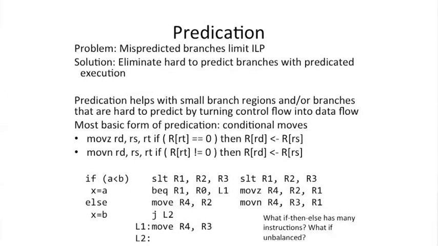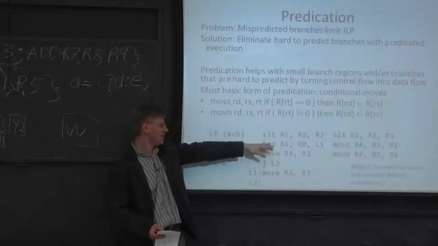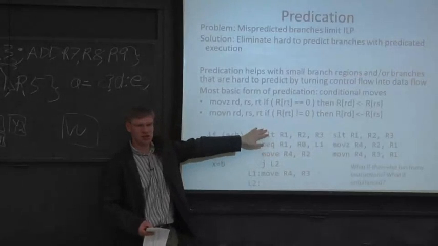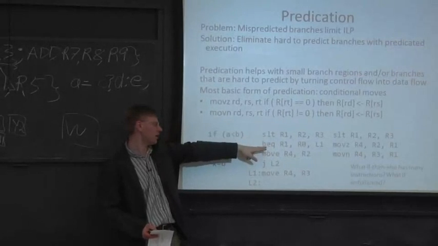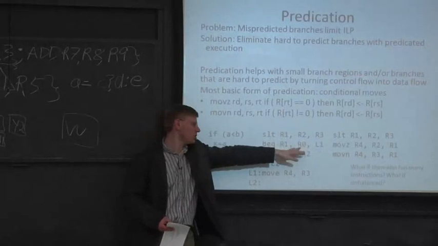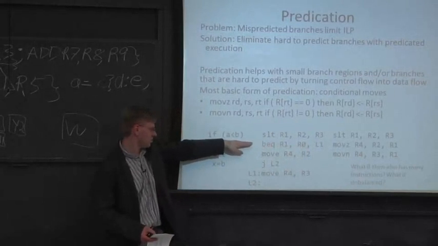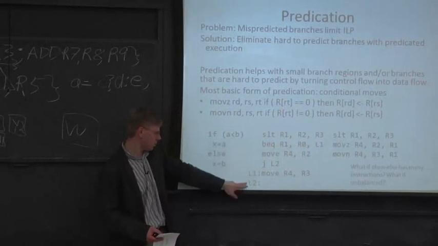Why is this cool? Well, this allows us to transform control flow into a data instruction. So we've taken a branch out. If we were doing this with branches, we'd do a set less than, which computes our condition code flag, then a branch equals, and if it goes one way it branches here, if not, it jumps over it.